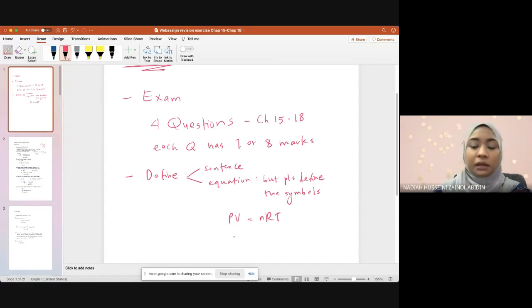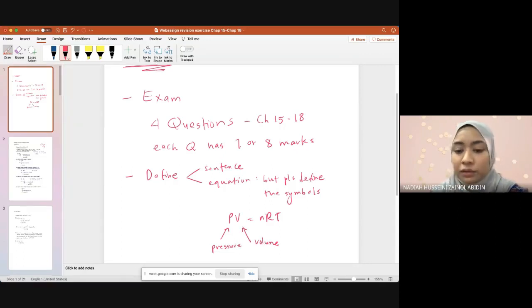You cannot give me this equation and expect a full mark. So what is P? P is pressure, V is volume, n is number of moles. What is R? This is the universal gas constant.